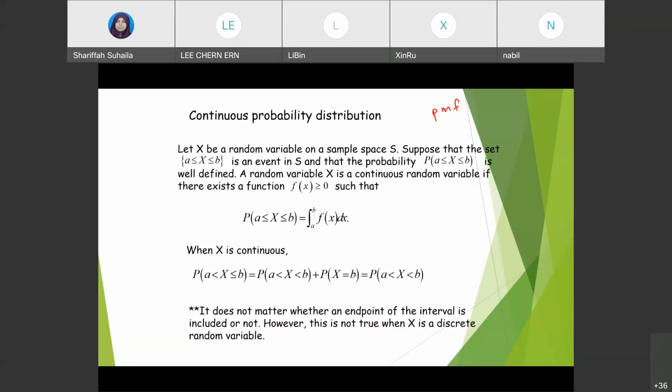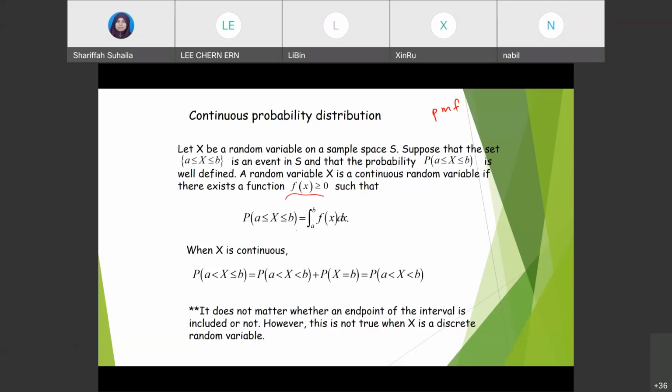Okay, so let's say we define X as a random variable on a sample space S, which lists all possible outcomes. Suppose that we have the set A less than or equal to X, less than or equal to B, and we want to find the probability. A random variable X is a continuous random variable if there exists a function f(x), also your probability, which is greater than or equal to 0, and then we integrate such that x is between a up to b.